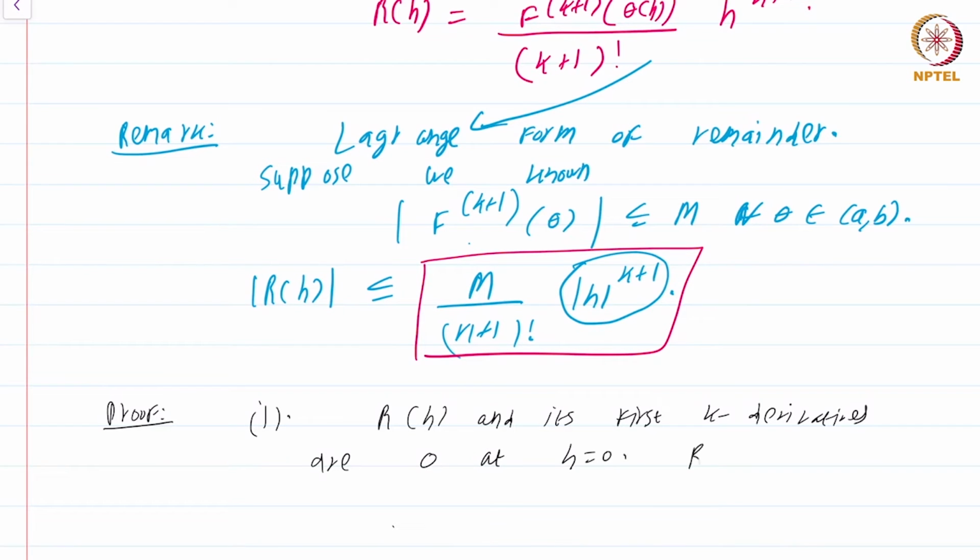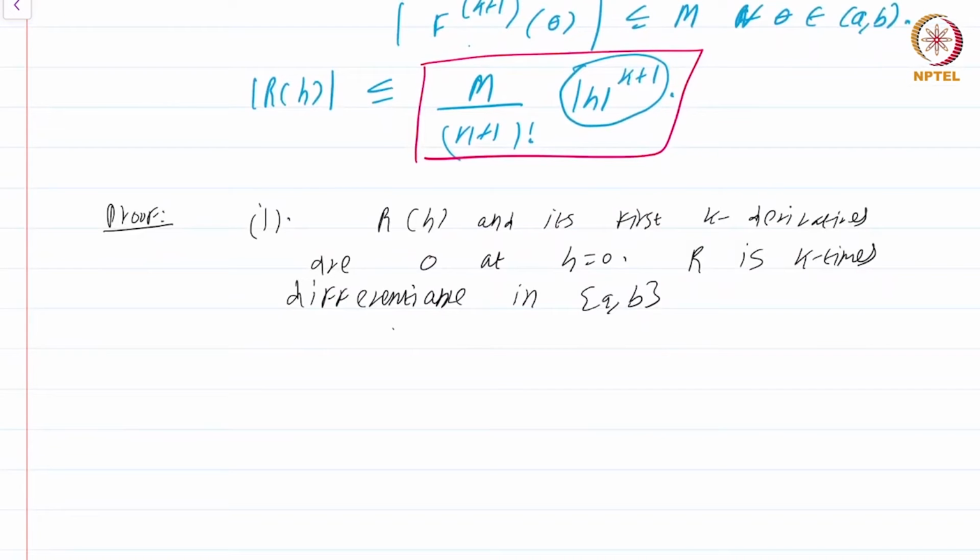And R is k times differentiable in the closed interval between x and x plus h. So we can apply the mean value theorem to R in [0, h].